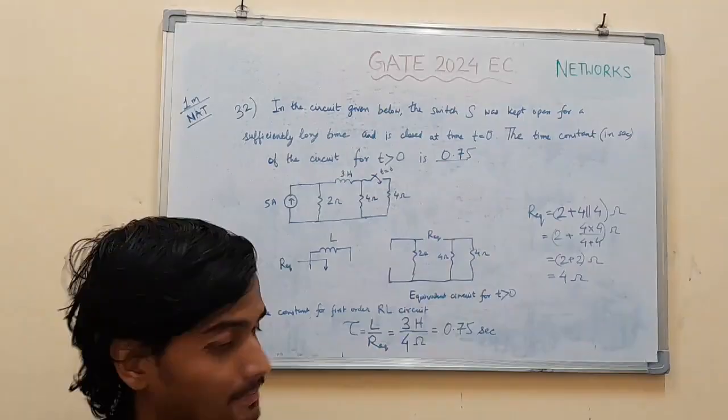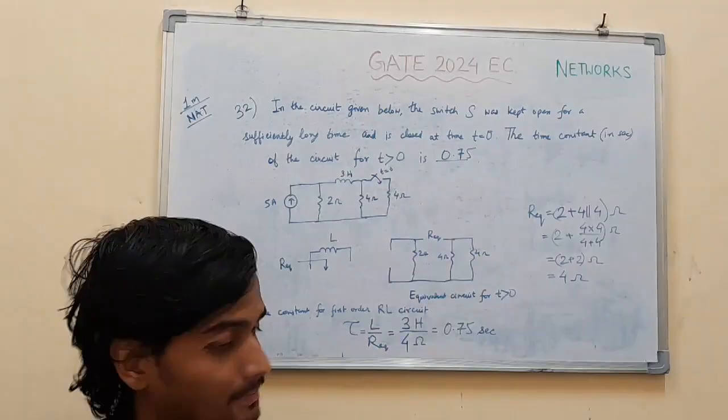So 4 I2 equal to 8 V1 minus 2 V1, that is 6 V1, and 2 V2 plus V2, that is 3 V2. So 4 I2 equal to 6 V1 plus 3 V2.